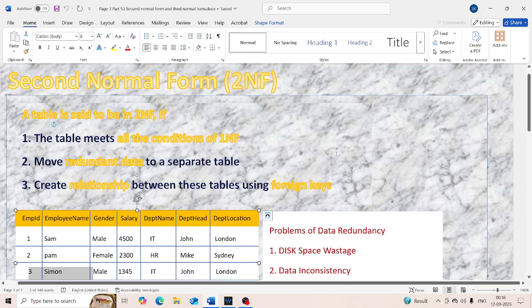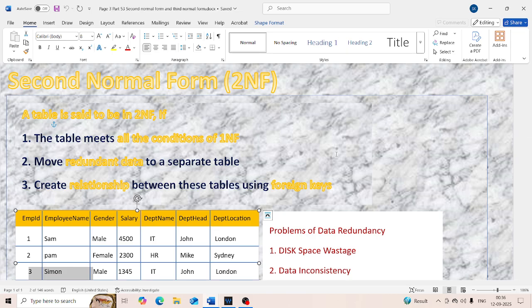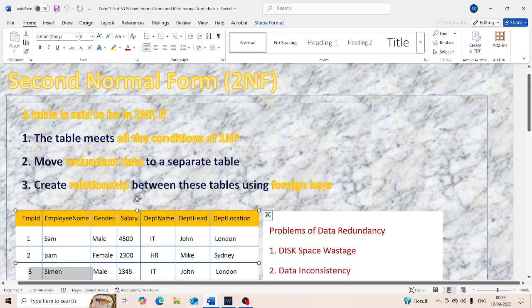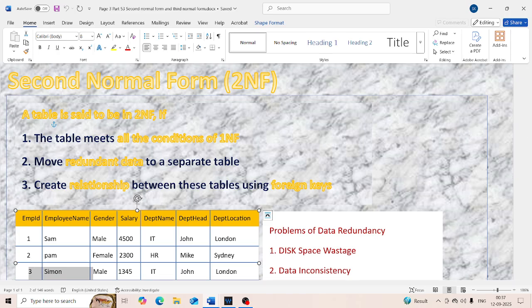So, when do we say a table is in second normal form? A table is said to be in second normal form if the table meets all the conditions of first normal form. So the table has to be already in the first normal form, and then the table should not contain any redundant data.